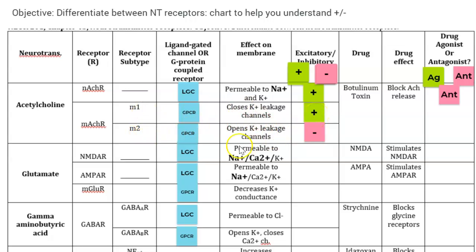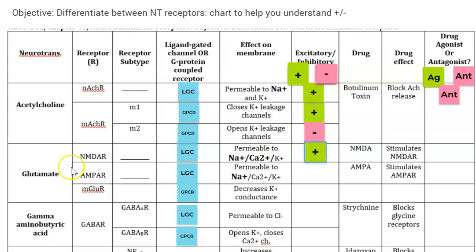All right, so NMDA receptors, they're permeable to all the cations or all the positive ions, but they're more permeable to sodium and calcium. And sodium and calcium are both positive ions concentrated outside of the cell. So when you open a channel for sodium and calcium, they're going to come in. That's a positive coming into the cell, and that is excitatory.